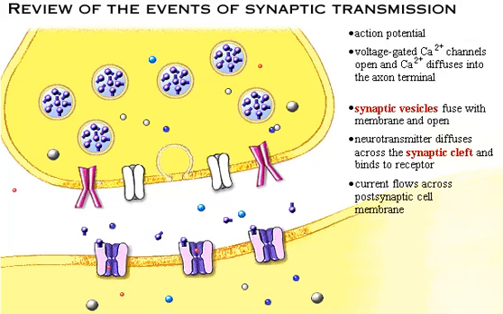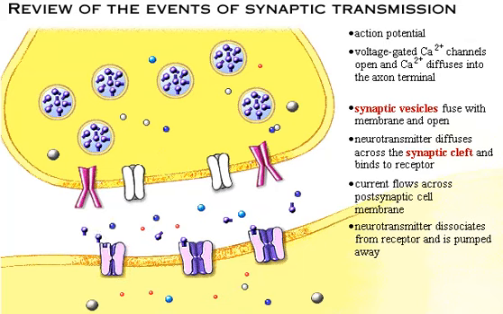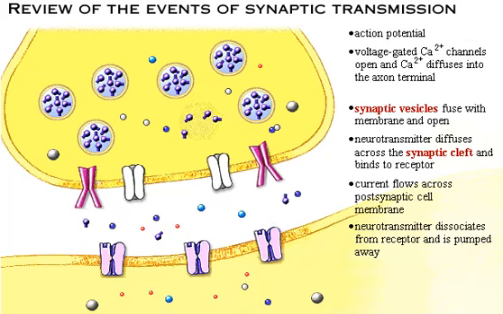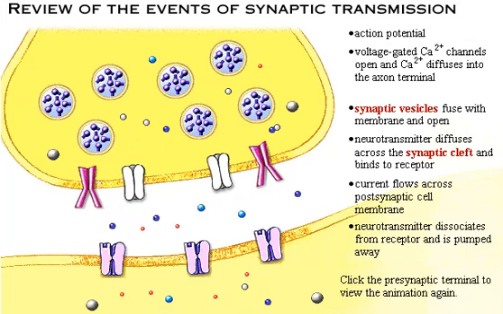Current flows across the postsynaptic cell membrane. Neurotransmitter dissociates from the receptor and is pumped back into the axon terminal. Click the presynaptic terminal to view the animation again.